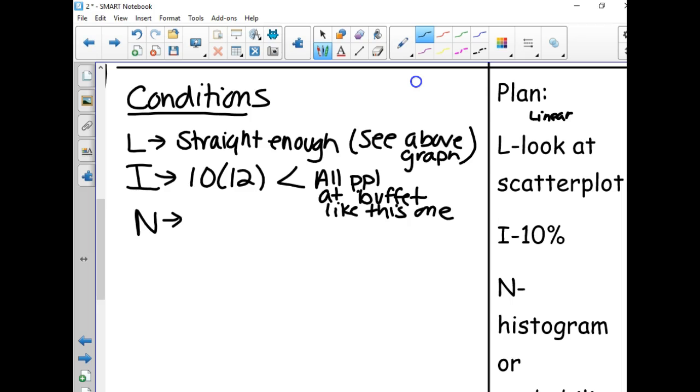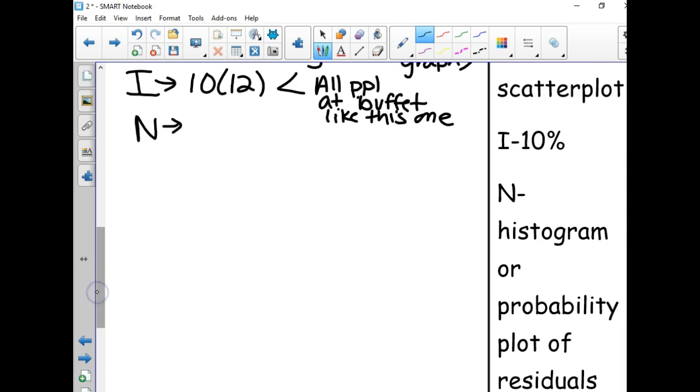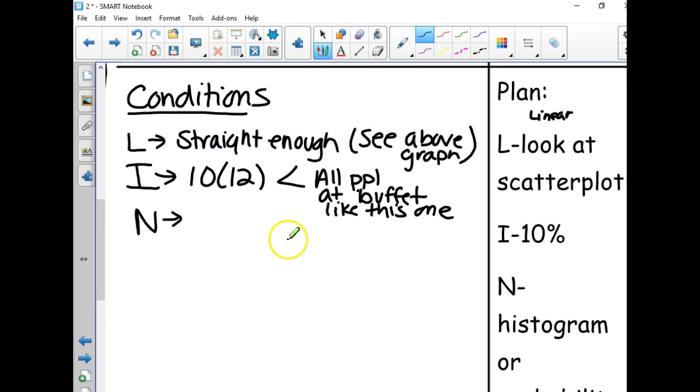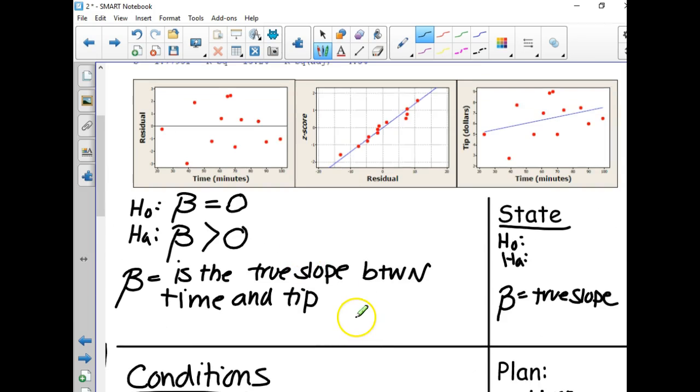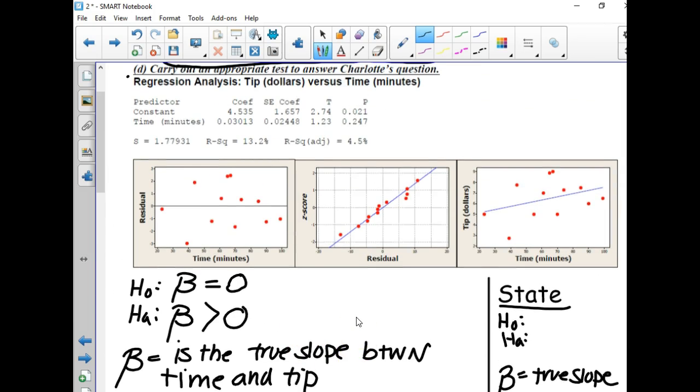What does N stand for? N stands for normal, and it's a histogram or a probability plot of the residuals. I believe they give us a probability plot. You have maybe not seen that yet. The probability plot is right here.